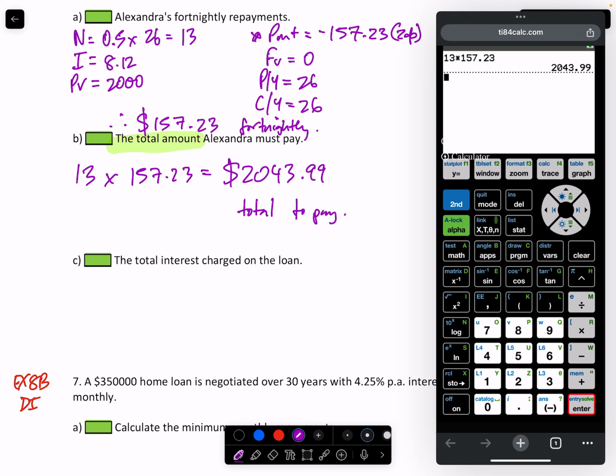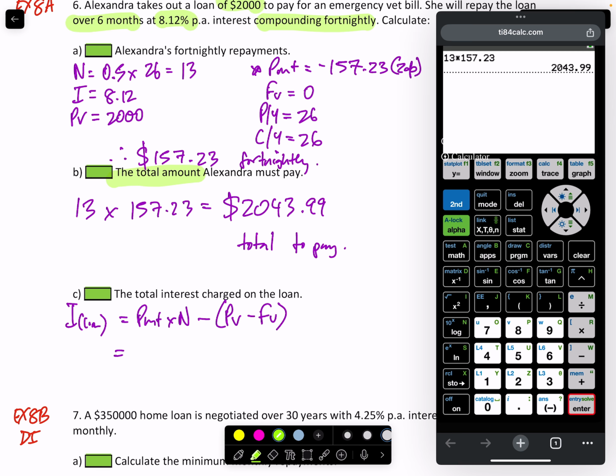What is the total interest charged on the loan? Well, remember, loan interest on a loan is equal to PMT times N minus PV minus FV. And you can see what this question is doing is stepping you through that because it's worked out the total, which is going to be PMT times N, and then you're going to take away the PV.